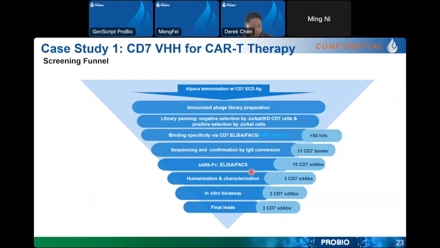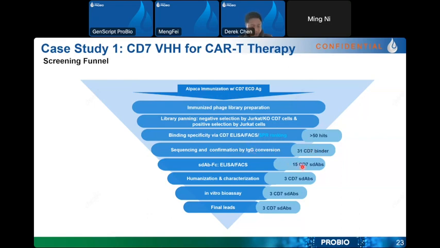This is the candidate screening funnel. We started with alpaca immunizations by recombinant proteins. After several rounds of panning and screening with protein and Jurkat cell, we obtained 31 unique sequences for purification with Fc fusions.